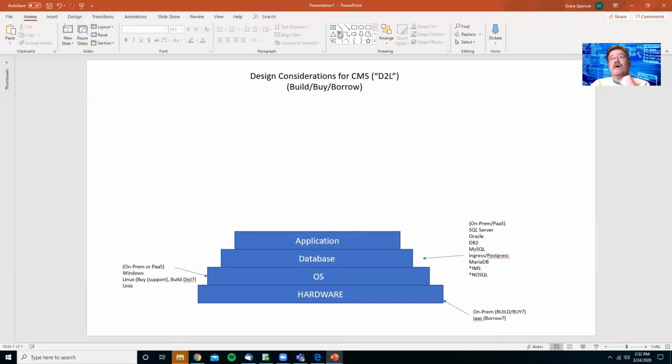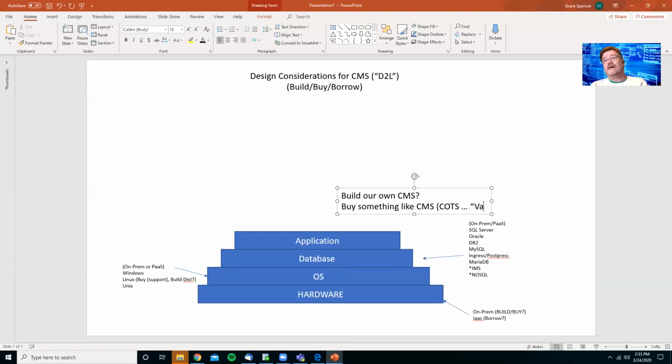So the thoughts that we're going to have at this point is, are we going to build our own CMS? Buy something like a CMS, commercial off-the-shelf software?